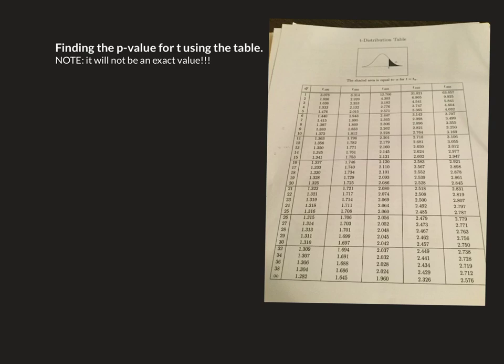We're going to find the p-value using the t-table, the t-distribution table. So we write down what we've got. We've got the t-value equal to 0.623, and we also need to know the degrees of freedom, which is n minus 1. So 7 minus 1, so our degrees of freedom is 6. We are going to look for the row where degrees of freedom is 6.